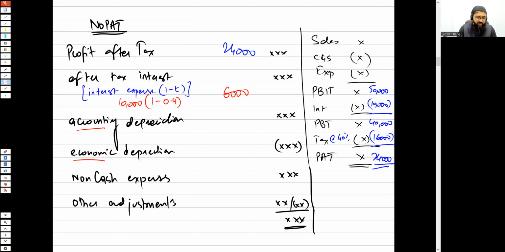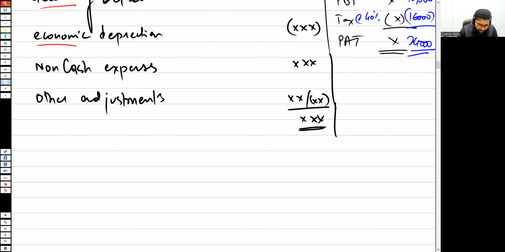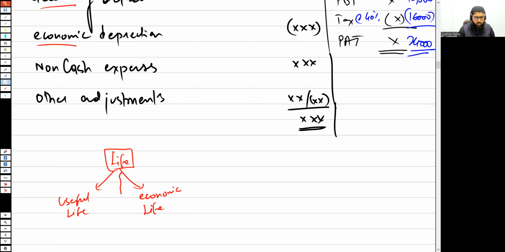Now let me guide you on the difference between accounting and economic depreciation. When we talk about the life of the asset, there are two lives. One is the useful life and the other is the economic life.